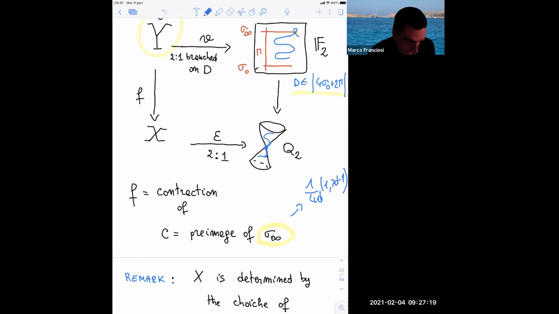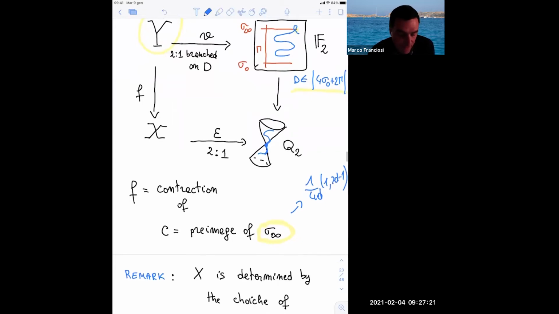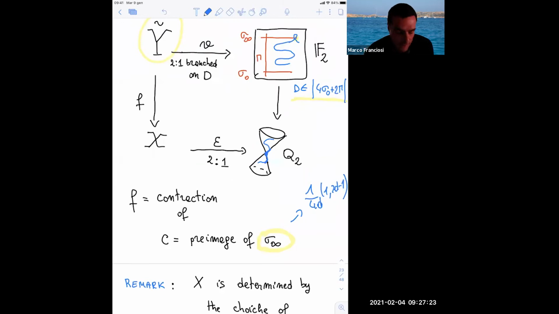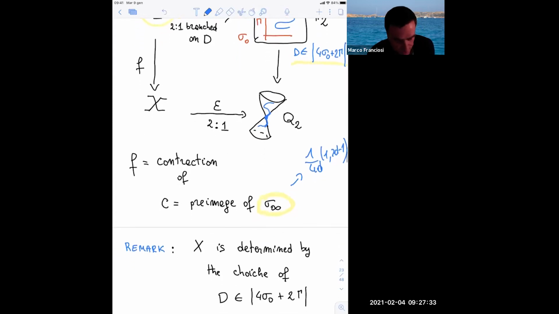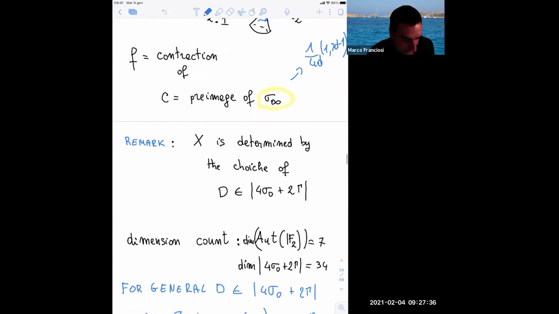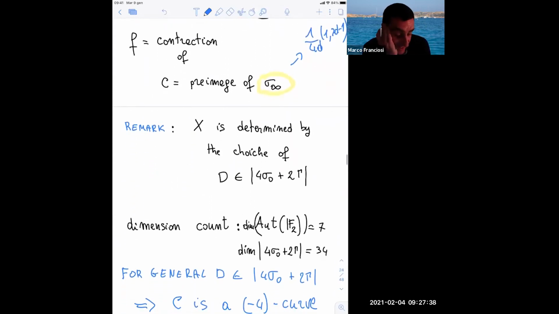Okay, so let us count the dimension just to see if such surfaces give a divisor inside the main component. This is how we did it. Our surface X is determined by the choice of the branch divisor D, up to a finite number of possibilities. So the dimension count is simple.